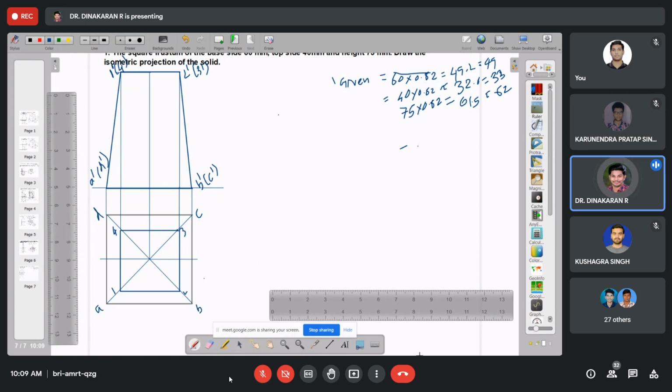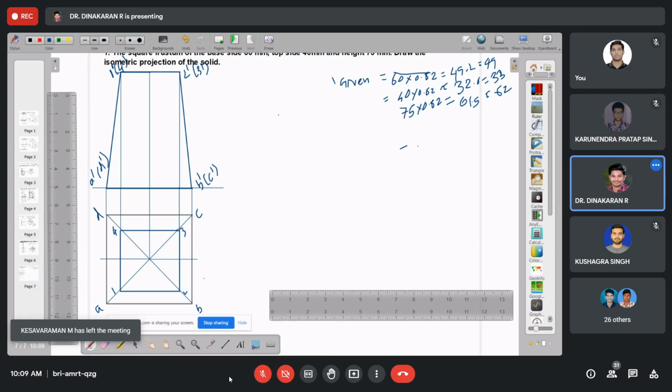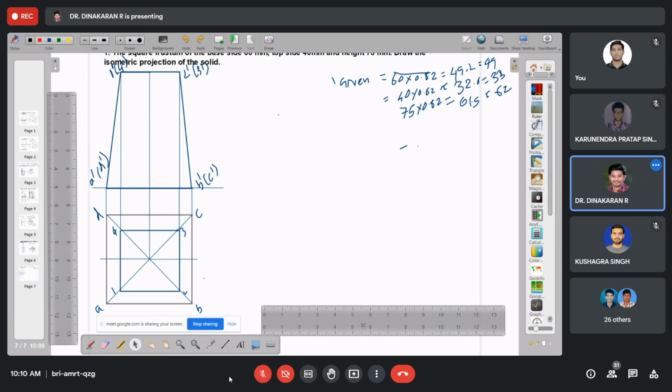Next we are going for isometric projection. First make one point here, for your convenience.